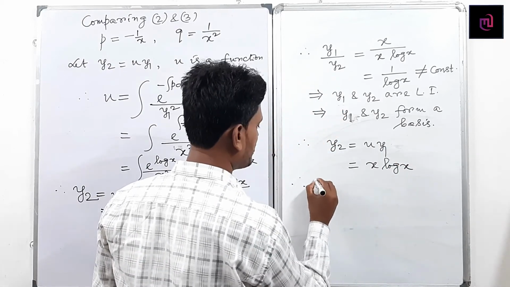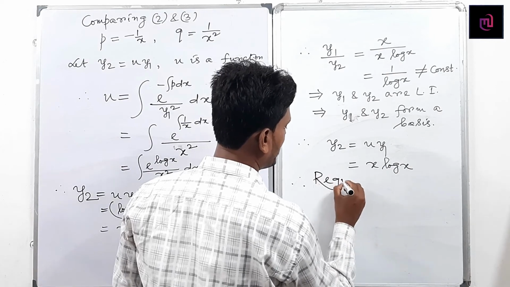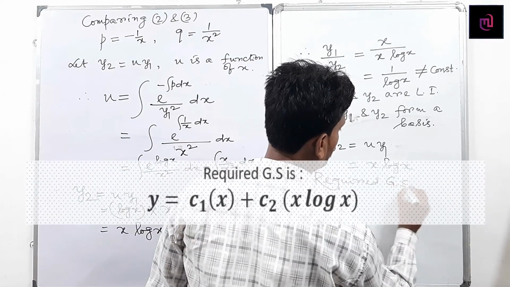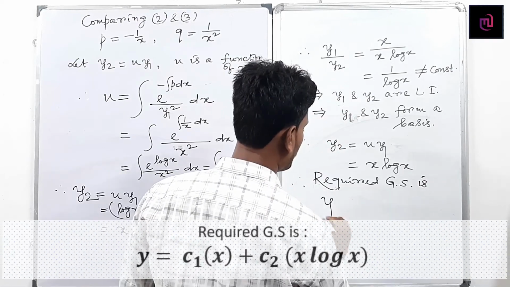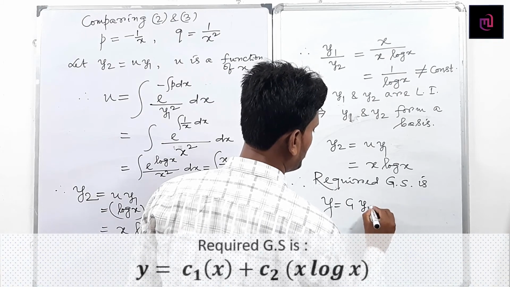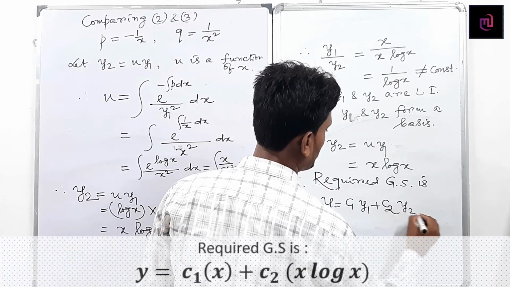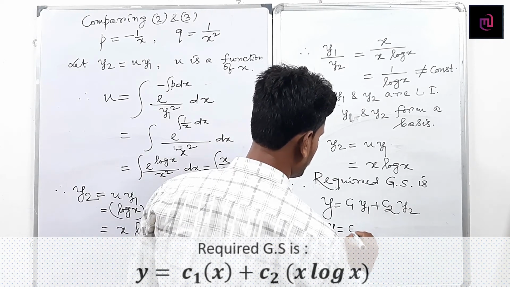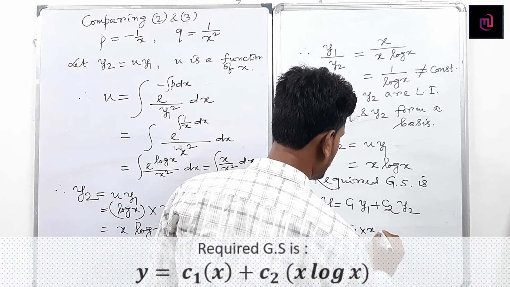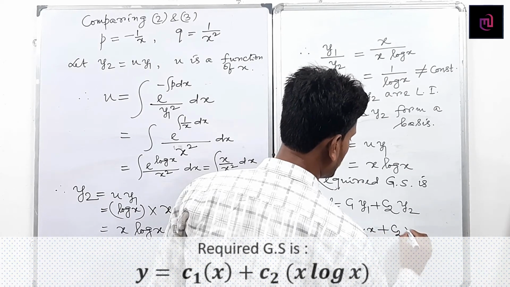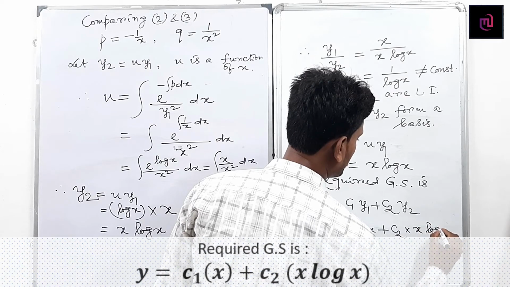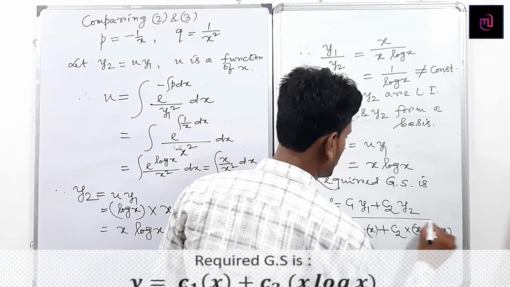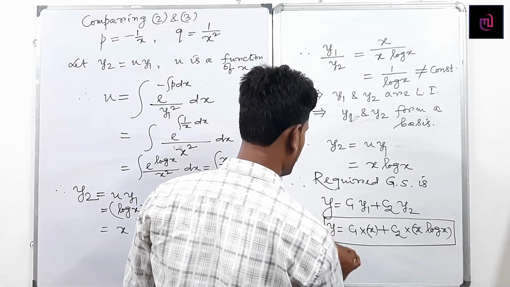Therefore the required general solution is y = c1 y1 + c2 y2, where c1 and c2 are arbitrary constants. So y = c1 x + c2 x log x, where c1 and c2 are arbitrary constants. This is the required general solution of the given differential equation.